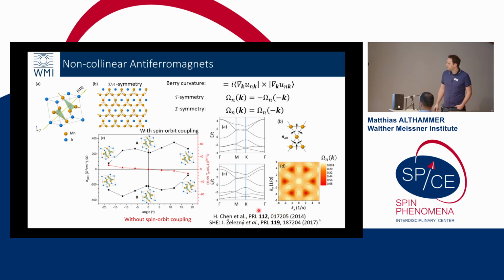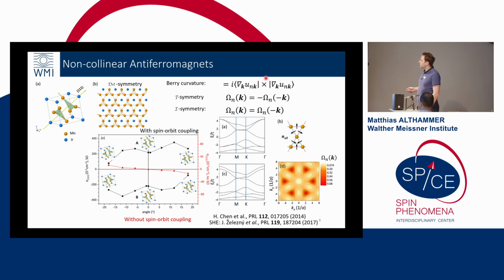Now, in the non-collinear antiferromagnets, the business was kind of started by a theoretical work published in PRL in 2014, where they looked into these typical manganese-iridium structure here on the left-hand side, that in this theory model, they put down on this Kagome lattice structure and looked into these spin structures where you have these spins pointing either in, as it's shown in these structures here, and then thought about, is there something where we can work with and define a finite Berry curvature?